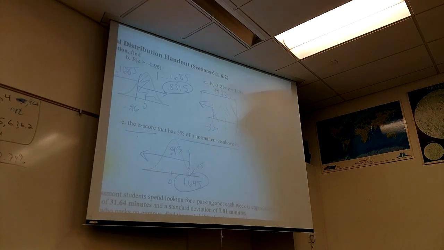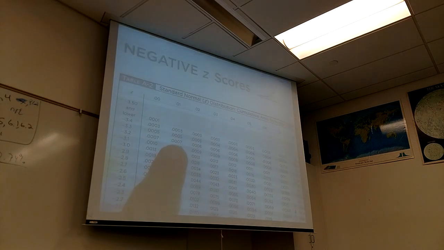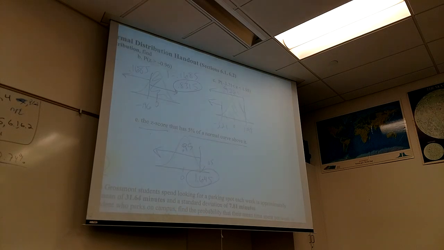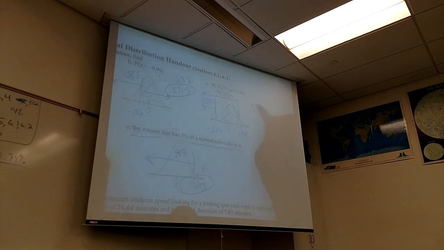What about negative 3.21? 0.0007. So how do you get the area in here? Subtract those two. So you get 0.9754.